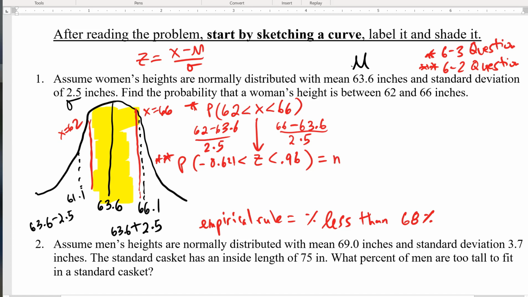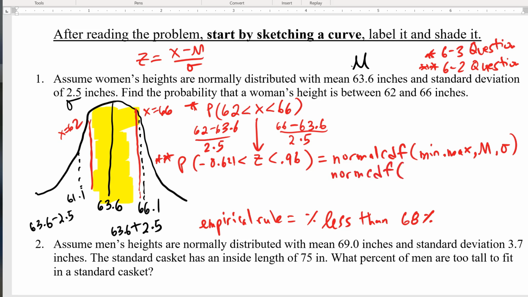So we will use normal CDF: min, max, mean, standard deviation. So for this one, it would be norm CDF. Our minimum was this lower z-score of negative 0.64. Our maximum was 0.96.